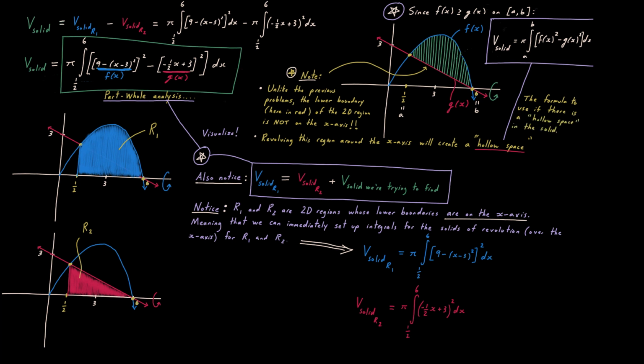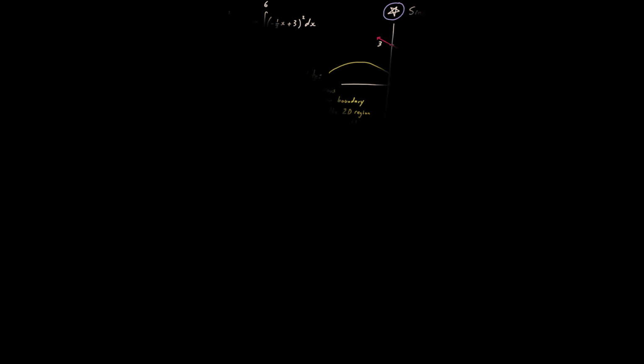That top function is sometimes called the big radius, capital R, and the other one the small radius, lowercase r. So if we have this formula, we can account for hollow spaces, but it's not the only formula we can use. There's another formula, in a method called the shell method, that will also give us the ability to find volumes of solids of revolution that have hollow spaces within them.